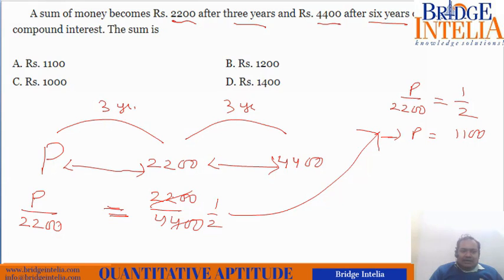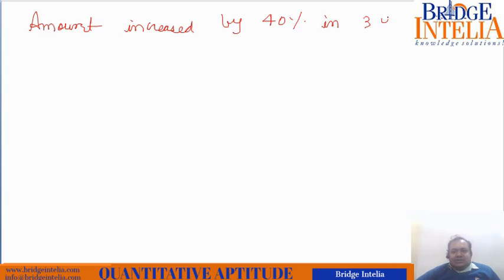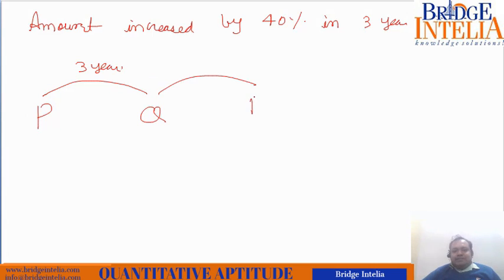So what is meant by this? Let me suppose it is said that the amount increases by 40% in 3 years. So what does this mean? It means that if P becomes Q after 3 years and Q becomes R after 3 years, then you will say that Q is equal to 140% of P, 40% increase.